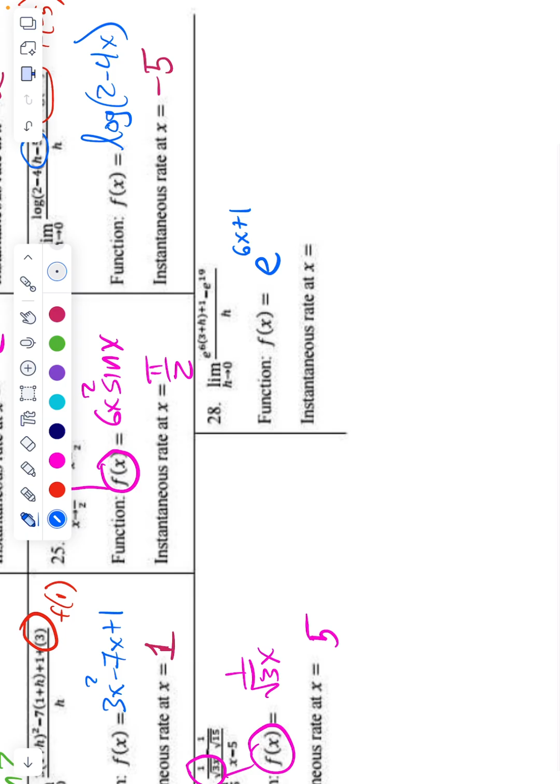Good. And we're evaluating it where? At 3. So what is this weird e to the 19th, I think it says? Be specific. That is f of 3. Okay? Is this helping? Do you feel like you can interpret that a little better now? Okay.